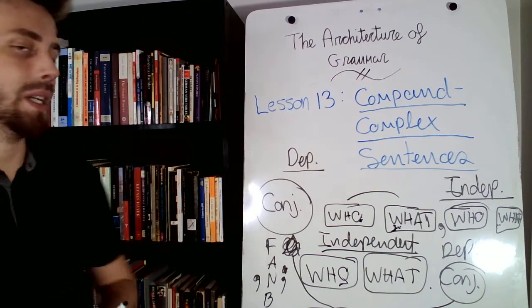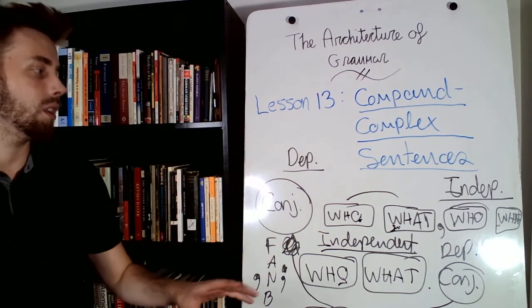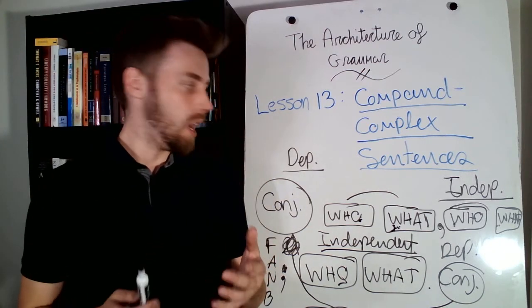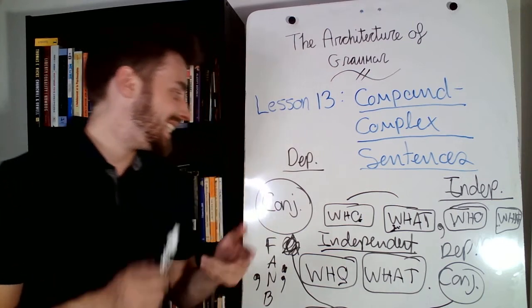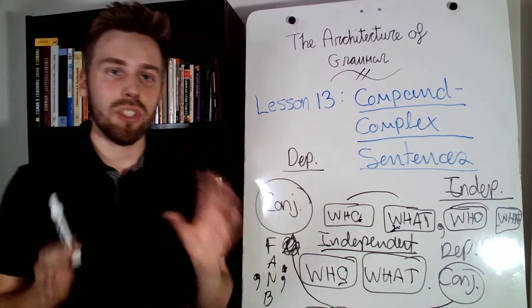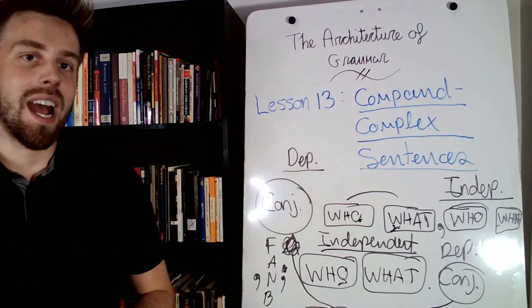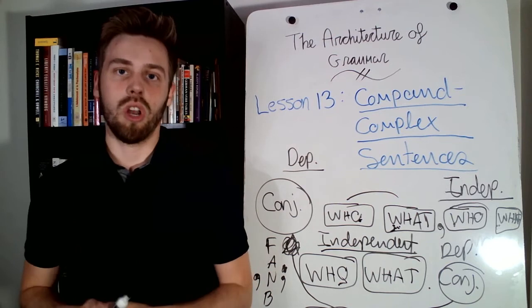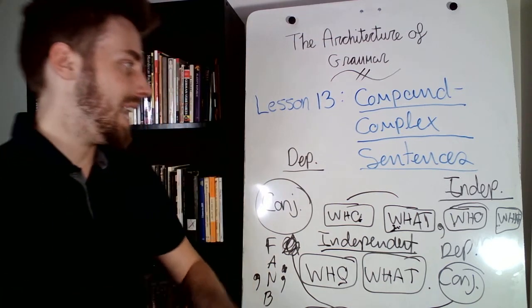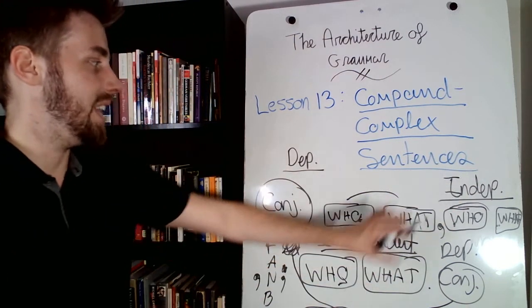So again, the compound complex sentence, which is the most complicated type of sentence among all, has at least two independent clauses and at least one dependent clause. Now, I said at least two clauses are independent. You most likely won't have more than two. Typically, a sentence has one idea, maybe two ideas, and these independent clauses represent one idea.